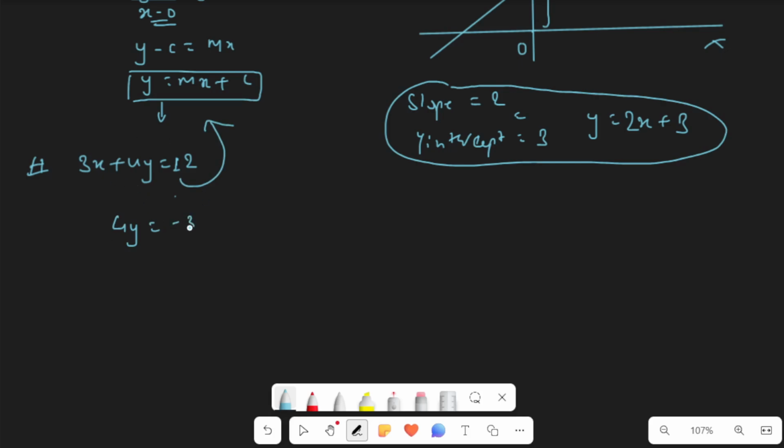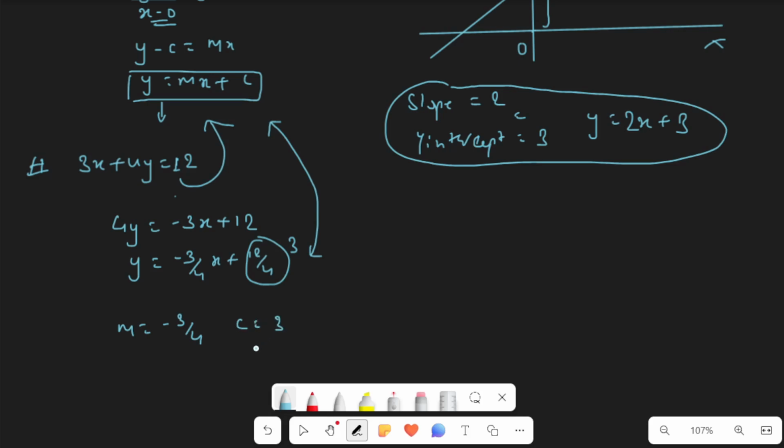Now, 4y equals minus 3x plus 12, and we divide by 4, so it becomes y equals minus 3 by 4 x plus 12 by 4, which is 3. So if we compare these two, what do we get? We get m equals minus 3 by 4 and the y-intercept is nothing but 3. So in this way you can find the slope of the line when the equation is given.